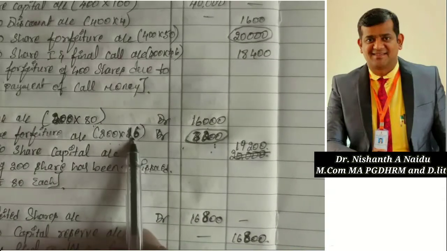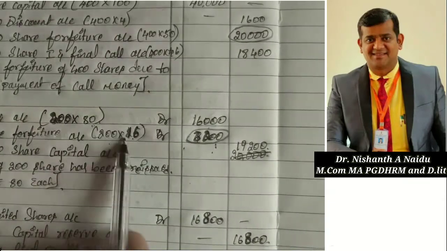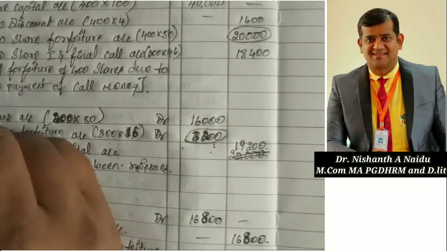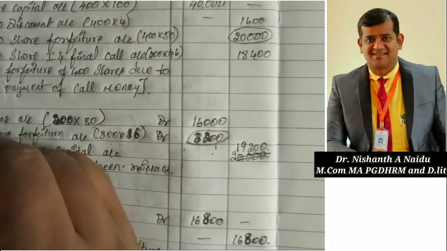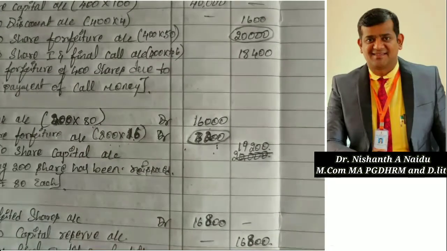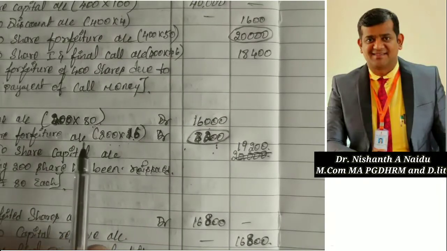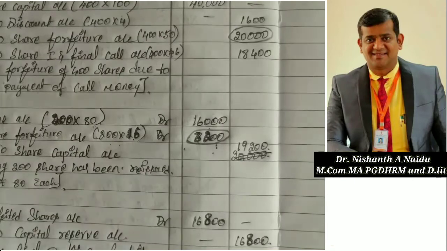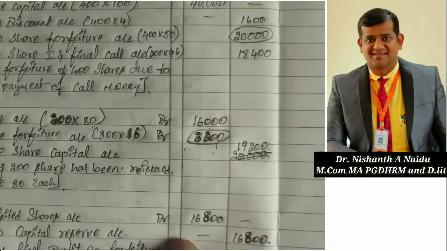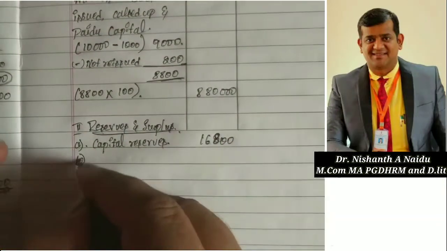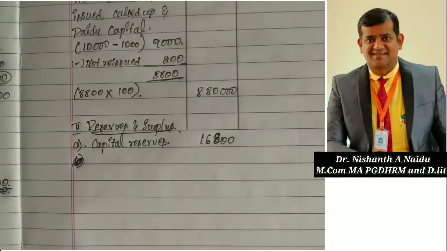Why have I done the 16 rupees? Because it is reissued at discount. So actual face value was 100. We are reissuing at rupees 4 discount, 96 rupees. So out of 96, for 80 we are reissuing, 16 rupees will be the forfeiture entry. So how much share forfeited? 16,800 rupees. So capital reserve account 16,800. So you need not have another point, okay?